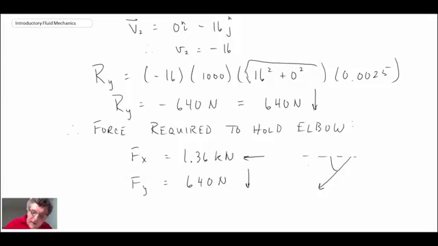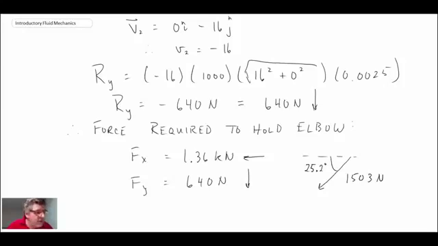The angle would be 25.2 degrees, and the magnitude is 1,503 newtons, or 1.5 kilonewtons. So that is the solution to the problem of the reducing elbow.